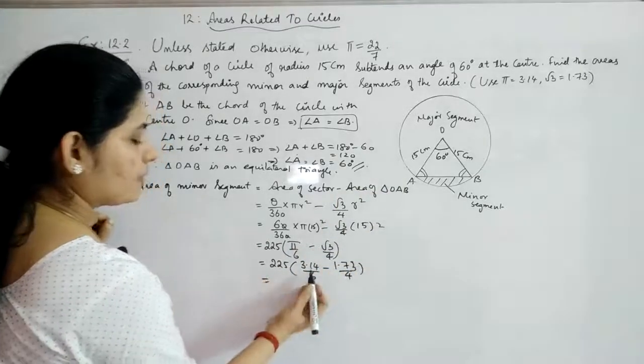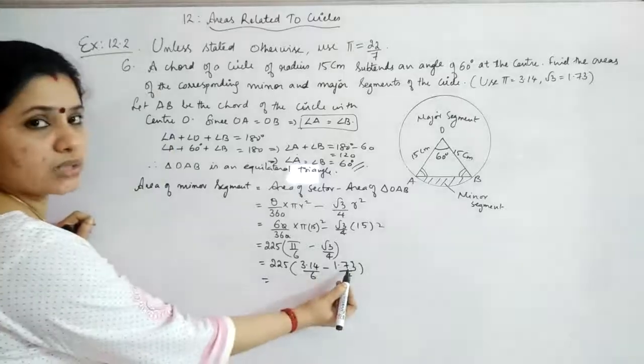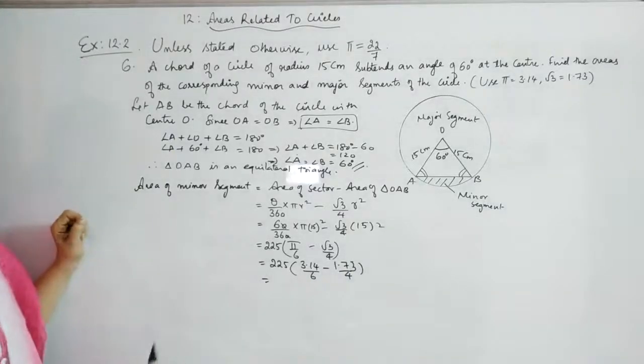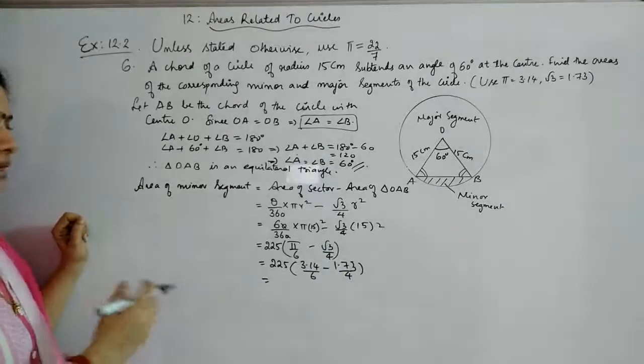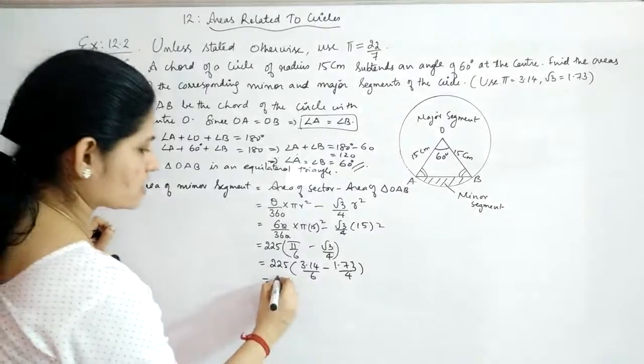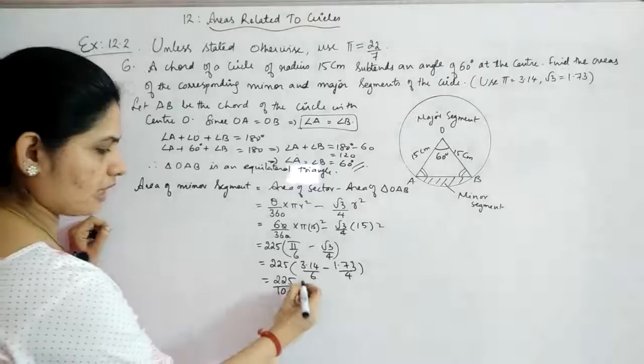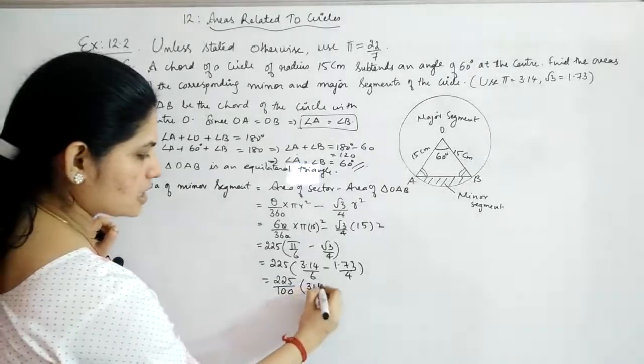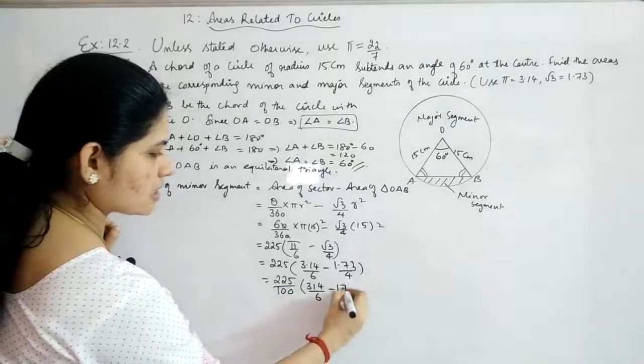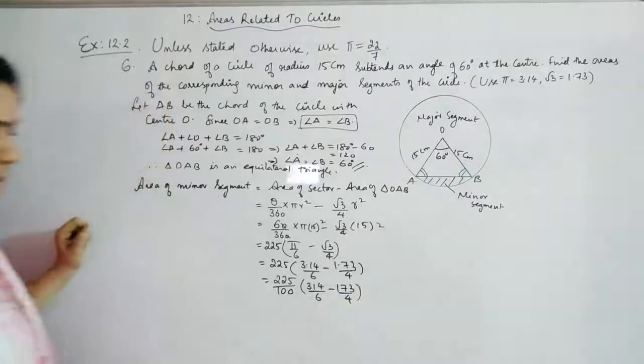Now again here you have two decimal places, so for the denominator, while removing the decimal, you get 100, and that 100 can be taken out. So this will become 225 by 100. Now you have 314 by 6 minus 173 by 4.